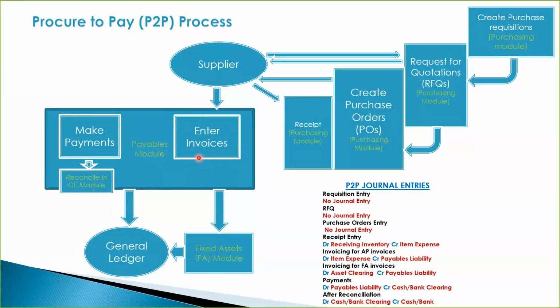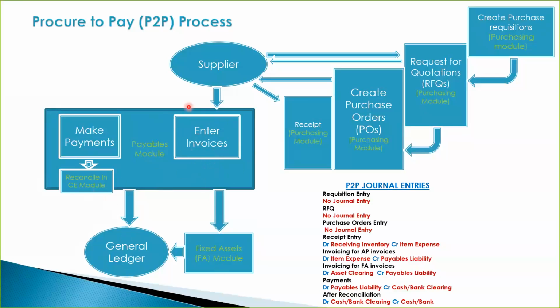Because a vehicle is an asset, a capital item, that invoice will not be sent directly to the general ledger from the accounts payables module. The Oracle system has a way of finding out that that invoice is related to an asset, and it would send that invoice into the fixed assets module.